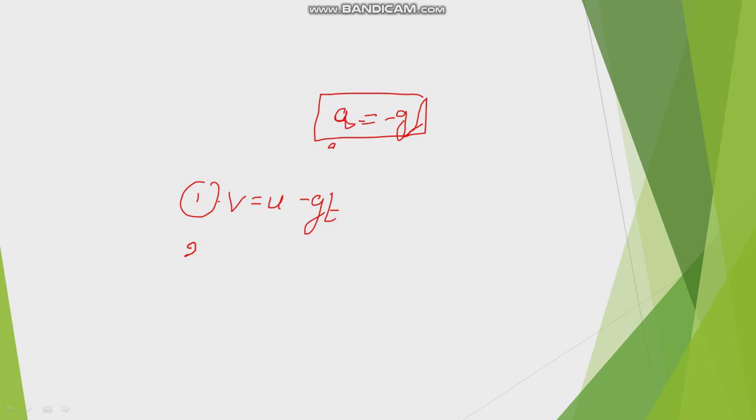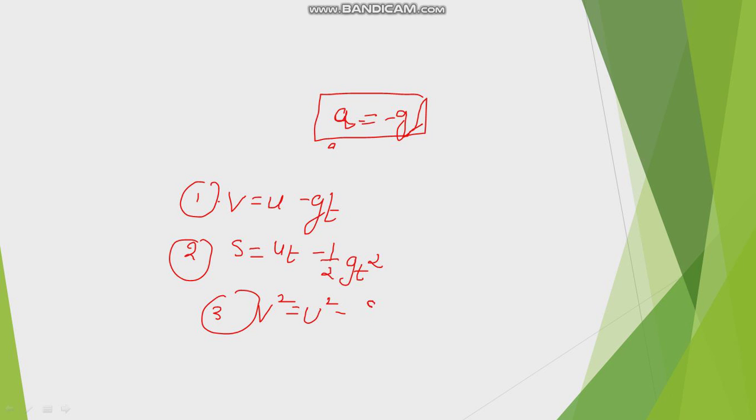The second equation is s equals ut minus half gt squared, and the third equation is v squared equals u squared minus 2gh. These are the three equations when the body is projected vertically upward. Here the acceleration under gravity g is taken to be negative.